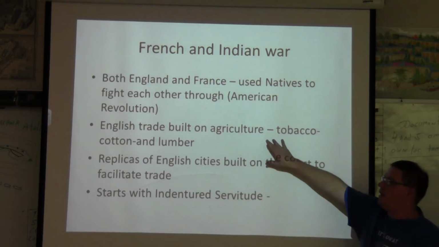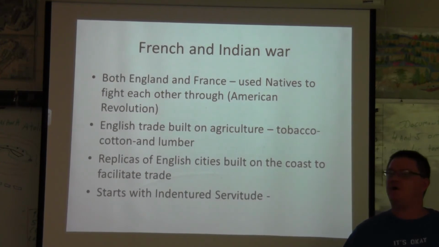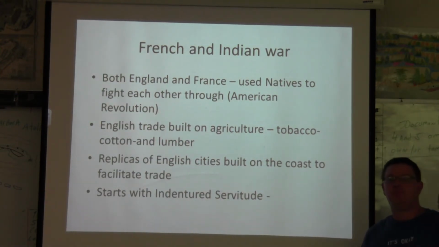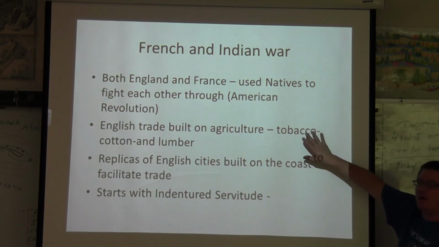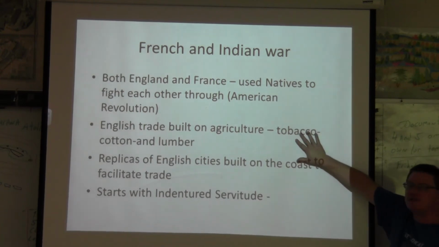The English come expecting to find gold. Well, they don't find mineral gold. They turn to agricultural wealth, cash crops, sugar cane, but mostly cotton, tobacco, and lumber. Lumber from New England and cotton and tobacco in the American South.